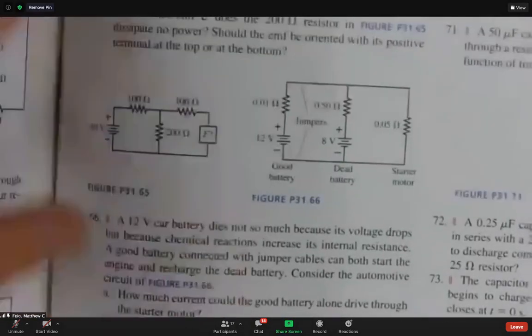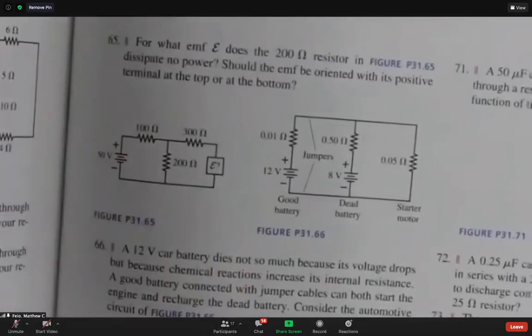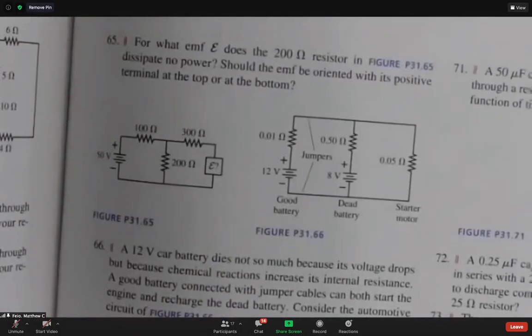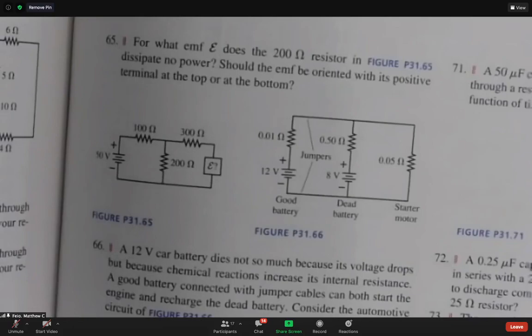There's an example question on the practice questions I'm about to point out that has a fair amount in common with this. I think there's 3 branches and 2 batteries in the question. For what EMF does the 200 ohm resistor dissipate no power? Should the EMF be oriented with its positive terminal at the top or the bottom? So they didn't even want to draw the battery in there and make you think one way or the other.